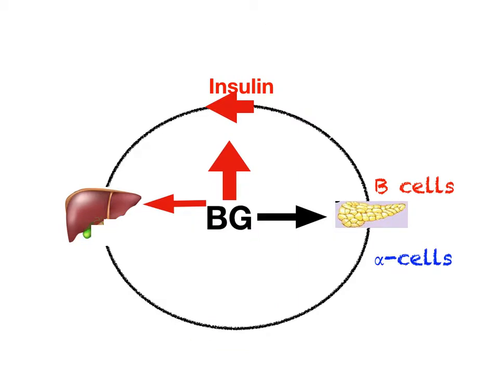When things go wrong, like destruction of beta cells by an autoimmune disorder or autoimmune mechanism, then, alas, there's no more insulin. So the blood glucose will not find anything to push it into a higher level of polymerization.